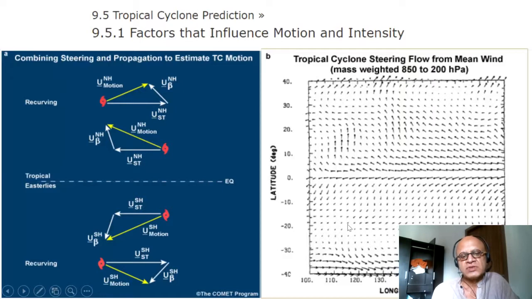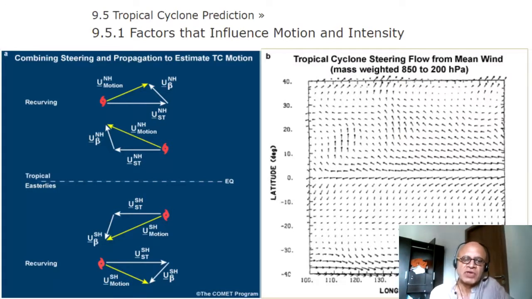So most models are now getting better at doing the tracks. We will look at the models that are used. There is a statistical model which does it as well, which obviously doesn't allow the cyclone to evolve along the way, just uses the winds given the intensity of the cyclone.